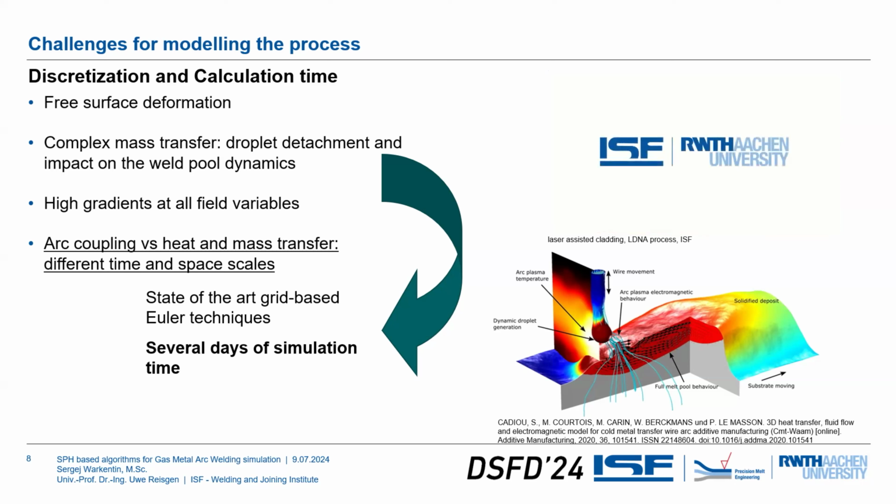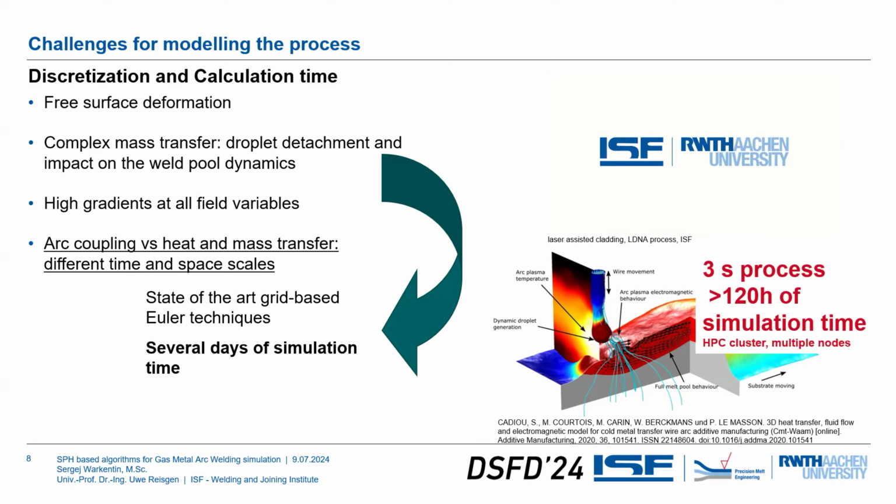And on the lower side, you see an example from France where they considered all the physical effects, and we need more than 120 hours of simulation time. This can be done in an academic context for research and to understand the processes, but for industrial application, it is not feasible.